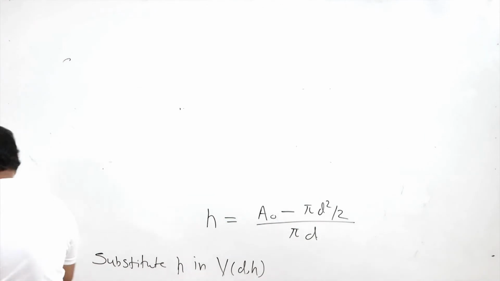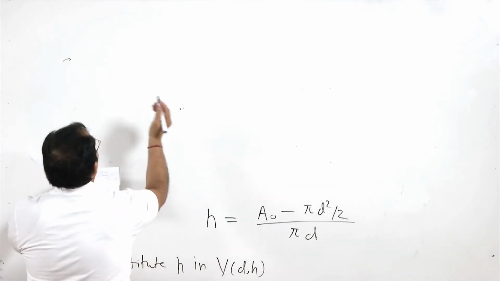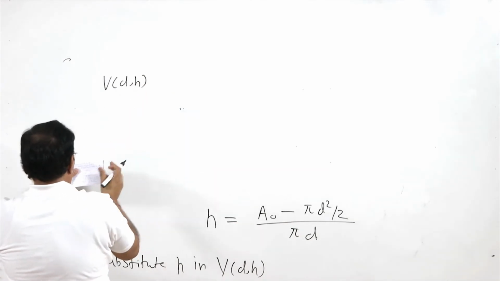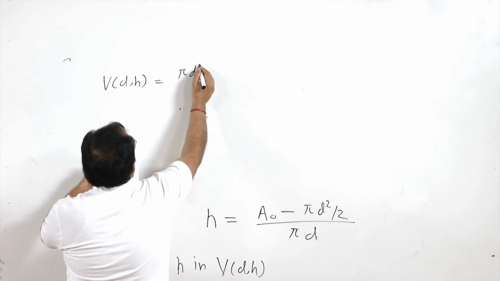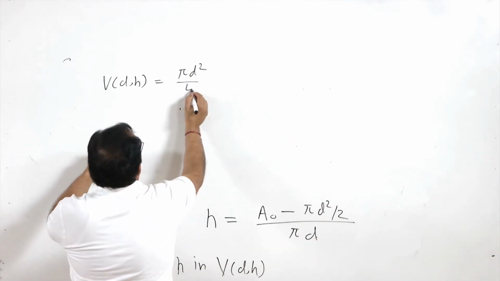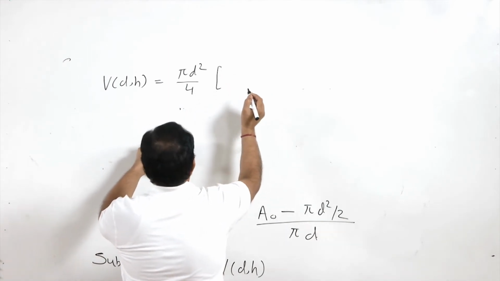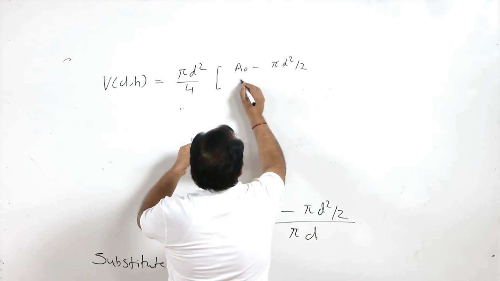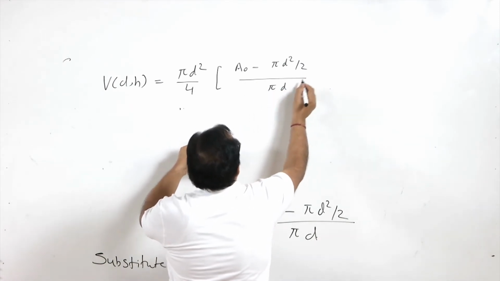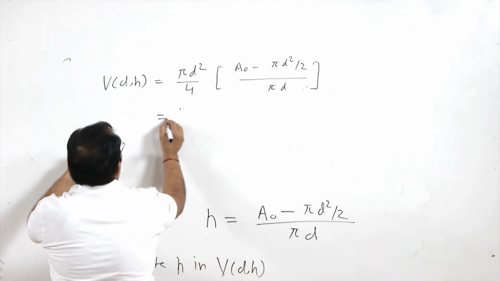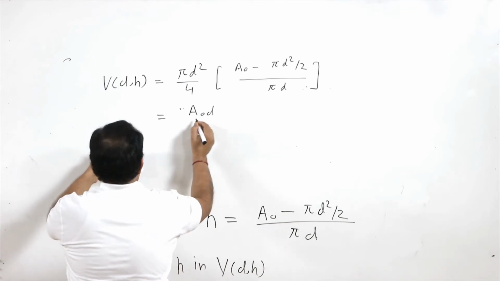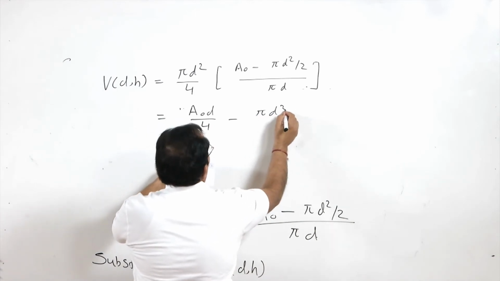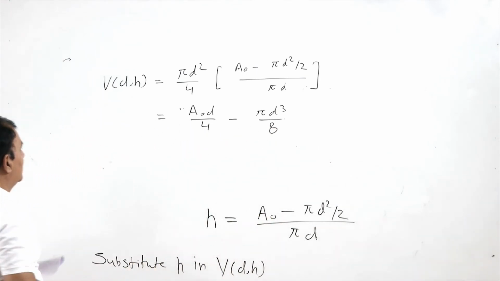Just by placing the value of h in the expression of V, we get V(d) as pi d square by 4 times a naught minus pi d square by 2 over pi d, or simply I can write this as a naught d by 4 minus pi d cube by 8.